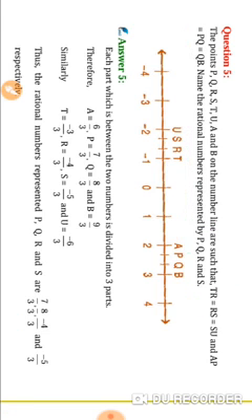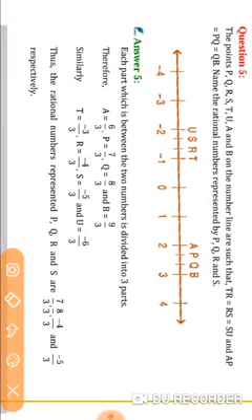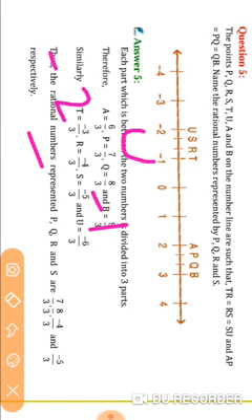See here, between 0 to 2, TR is equal to RS. RS is equal to SU, means the distances are same, means so minus 2 to minus 1, total number of parts are 3. See, 1, 2, 3 parts, so total number of parts are 3. Then what is T?